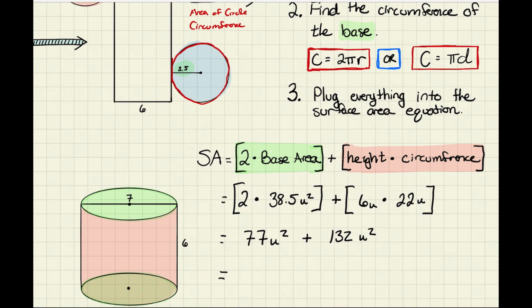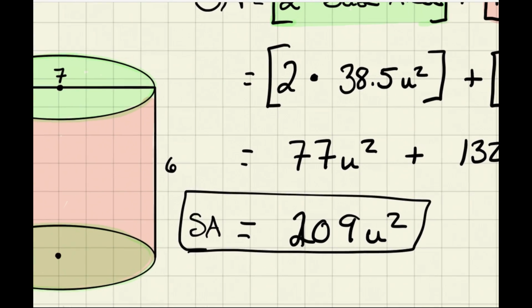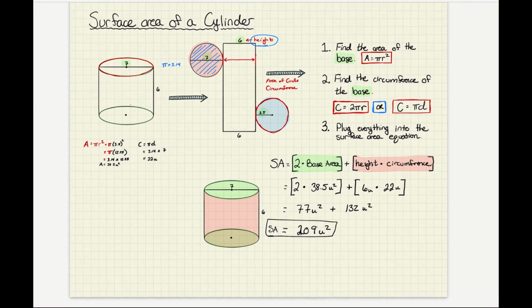I add those together and I get 209 units squared. So the surface area of this cylinder is 209 units squared.